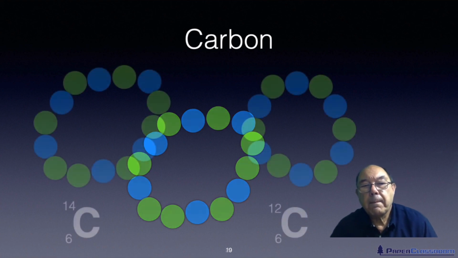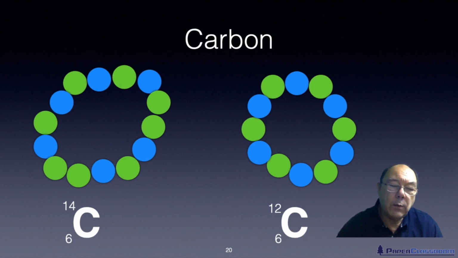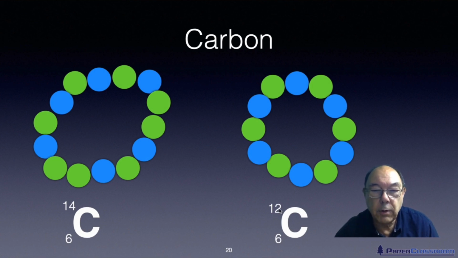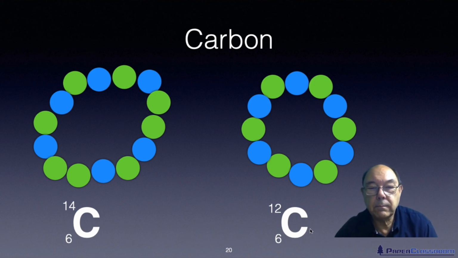So how do we differentiate between these atoms? We do it in the way that we write this shorthand down. So this is carbon 12,6 and this is carbon 14,6. What this nomenclature means is C tells you the element, carbon. The 6 there tells you how many protons there are in the atom.